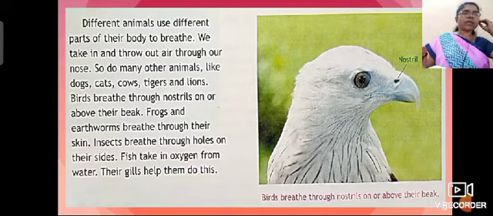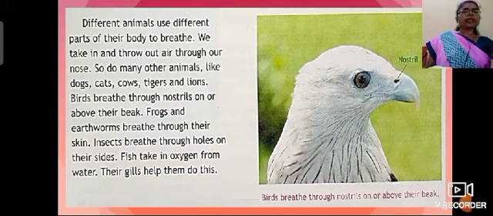According to their food habit, they have long beaks, some birds have short beaks, and some have hooked beaks to tear the flesh of other animals. So birds breathe through nostrils on or above their beaks. You can see in the picture here, near the nostril, the bird has it.